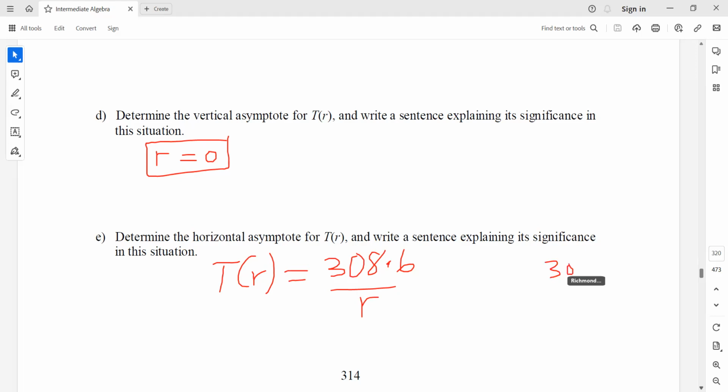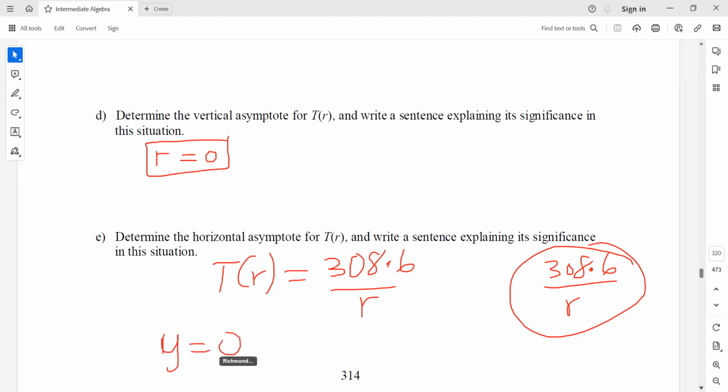At the bottom, what is the highest degree R term? It is R. Now, if you go back to our horizontal asymptote cases, when you have a number over x, or the input, we say that y equals 0. So at this point, we say T of R equals 0.